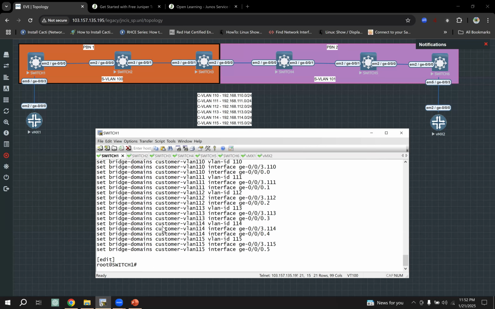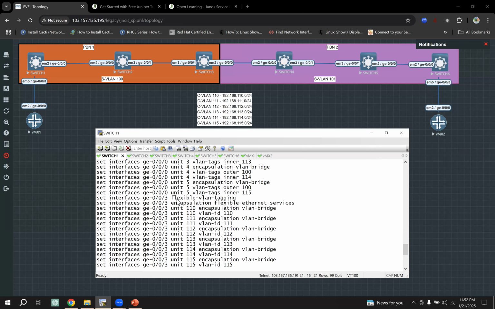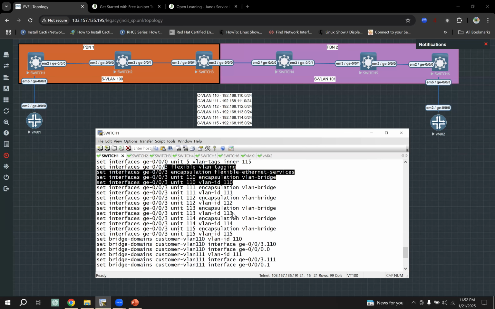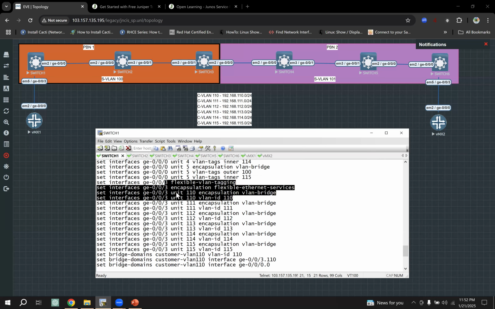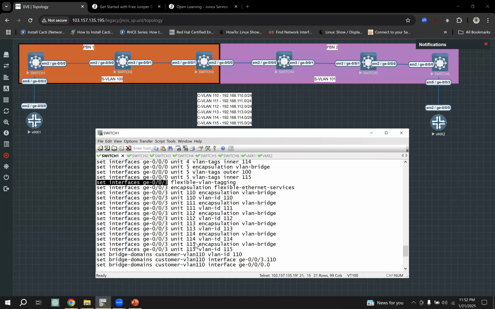Next step, allow the VLAN IDs on the customer connected interface. So interface 3 allows the VLAN IDs 110, 111, 112, 113, 114, and 115. Consider here 110, encapsulation VLAN bridge.